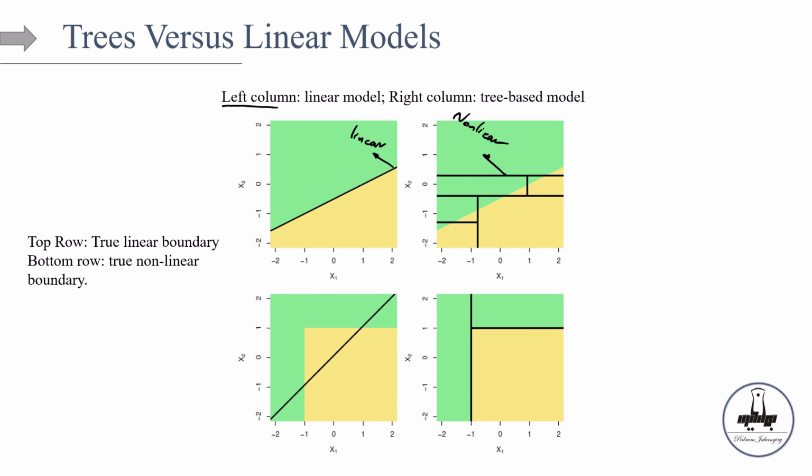The takeaway is that if for whatever reason you know that the true relationship in the data is linear, then a linear classifier is going to do a perfect job. So this is going to be the winner. If the true relationship is nonlinear, then a nonlinear classifier, and decision trees are non-parametric, is going to do a better job, right?